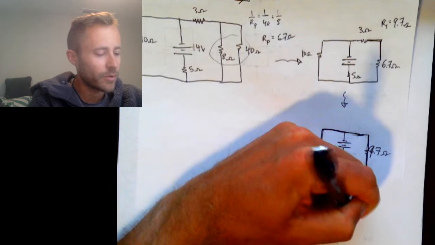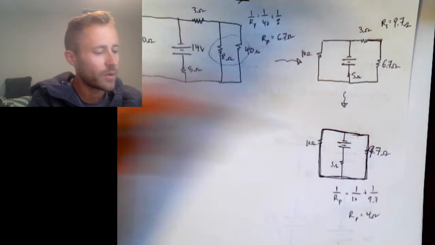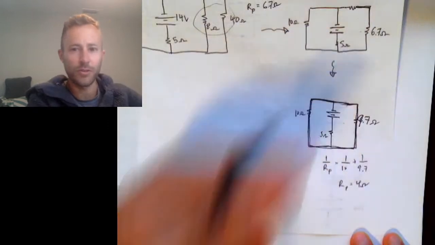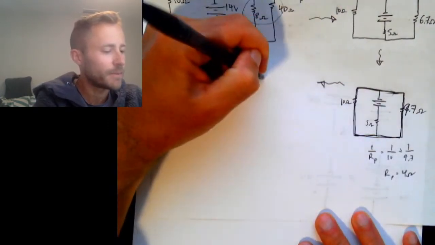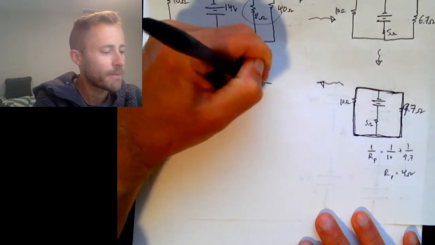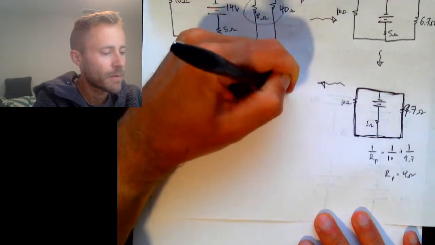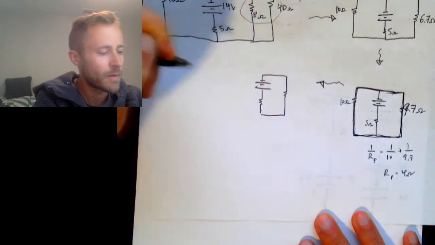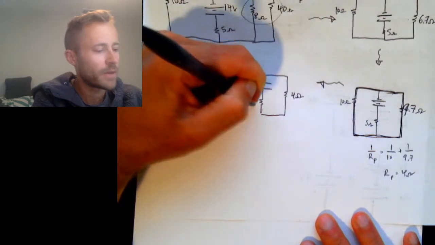So that means R sub P is about 4 ohms. Okay, so now I'm going to replace those two with a single resistor. Single 4 ohm resistor. This one was 5.